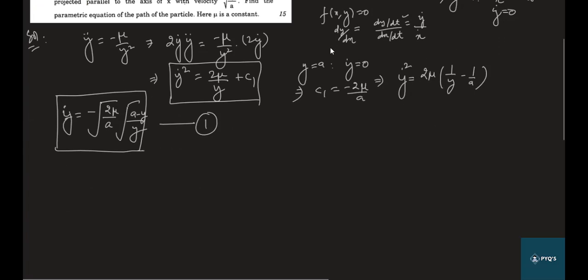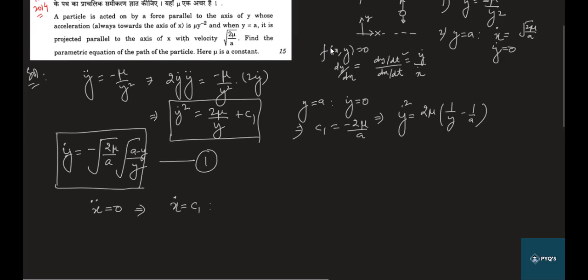Now we go for x direction. What is given in x direction? There is no force in x direction, no acceleration in x direction, so x double dot equals 0. So if we integrate this, I'll get x dot equals c1. Now using this second condition, that is at y equals a, x dot equals root of 2 mu upon a.